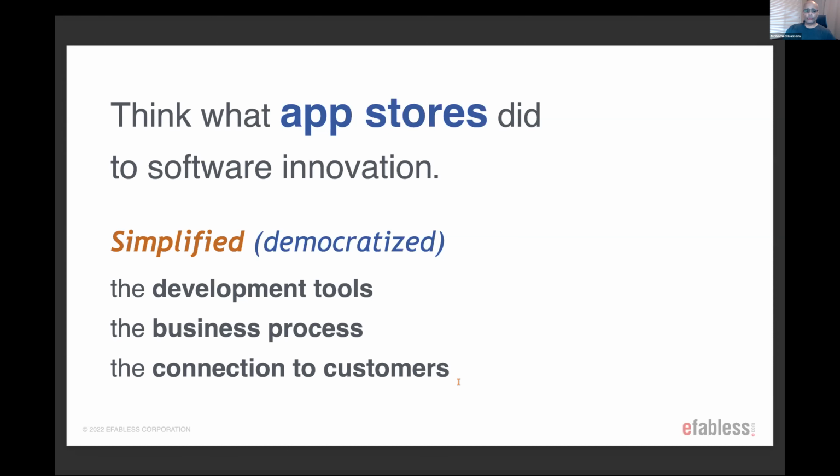When the app stores showed up, it started from a point that's not zero. They connected people to the customers, and they created a structure so people can develop and deliver something called the app.